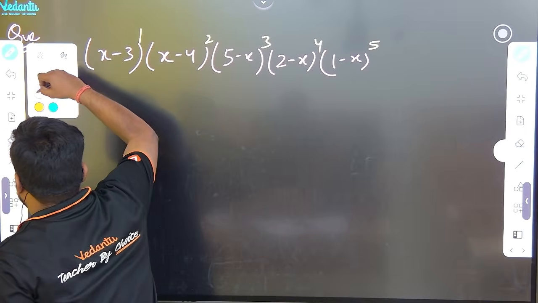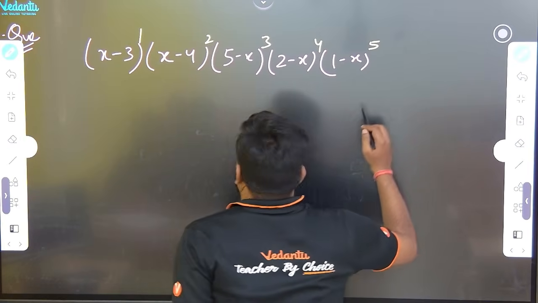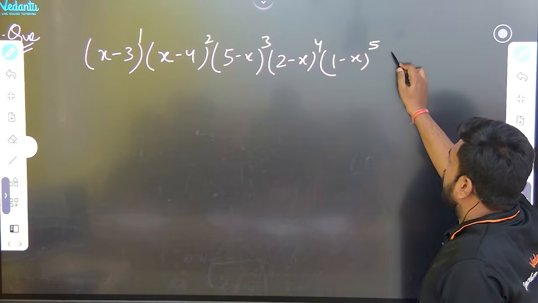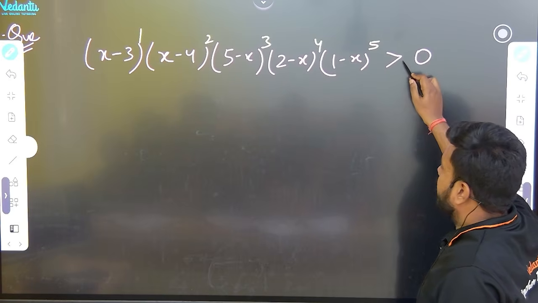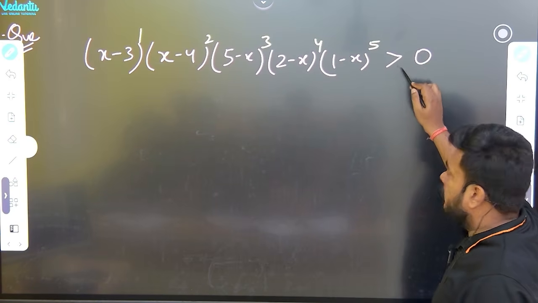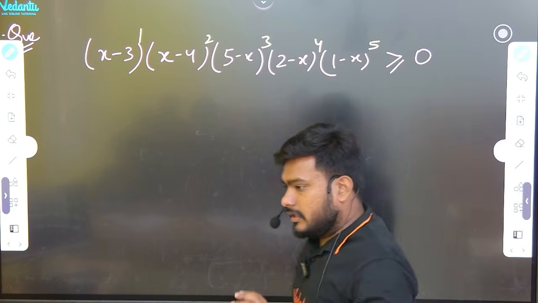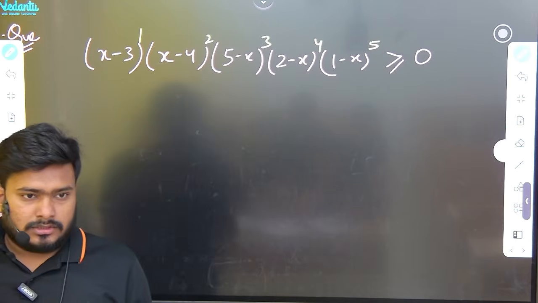Let's try this. What do you want? More than 0 or less than 0? More than 0. Should I involve equal? Also not equal. Again, think of each step first.